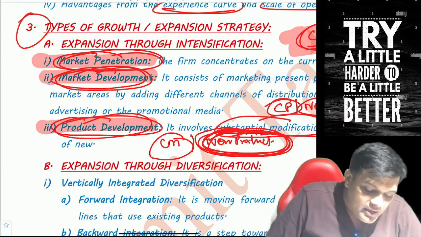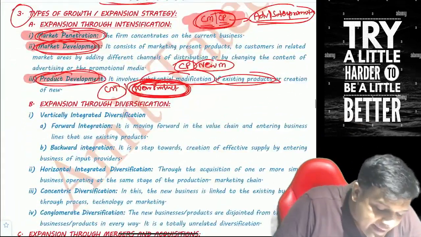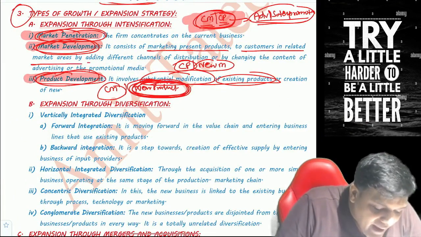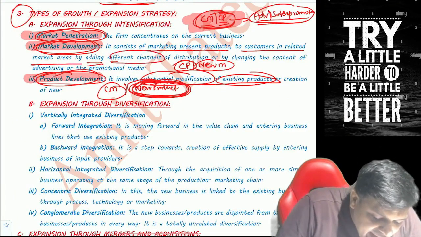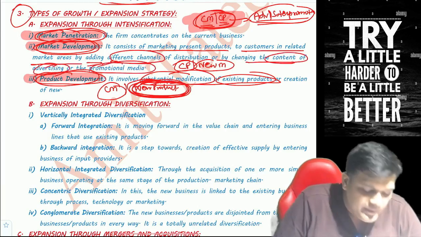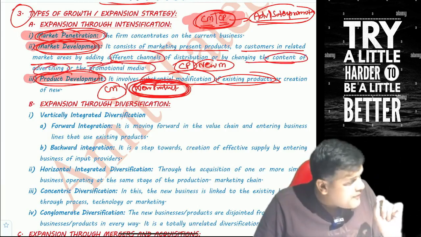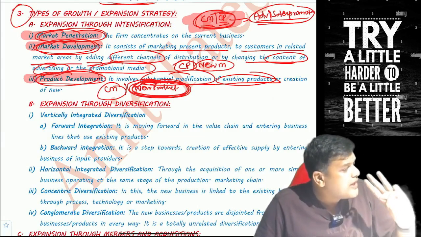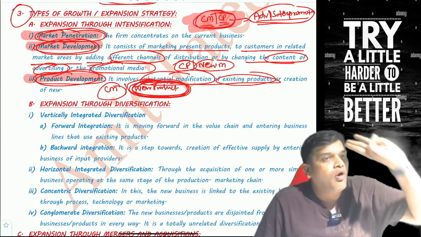Market development consists of marketing present products to customers in related market areas by adding different channels of distribution, or by changing the content of advertisement or promotional media. Three things: if I change my distribution, or my advertisement, or my promotional media, it is also market development.